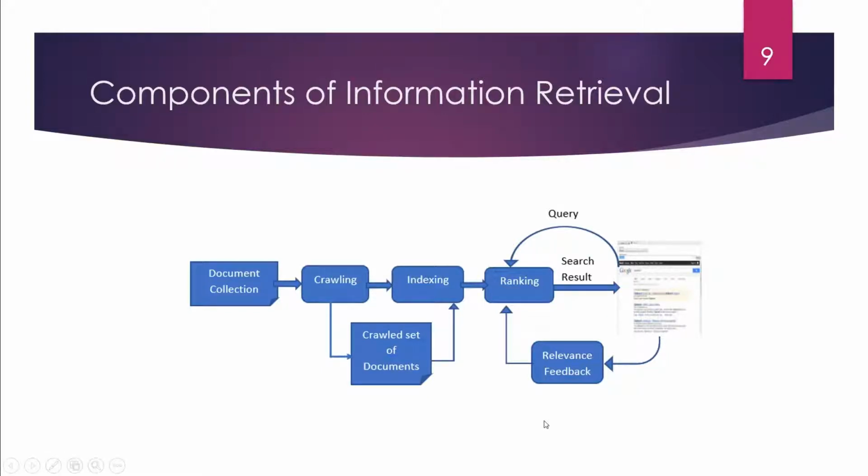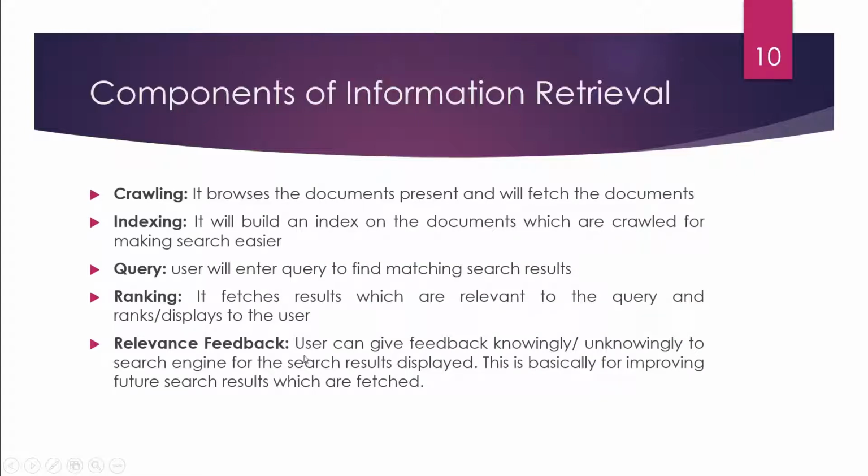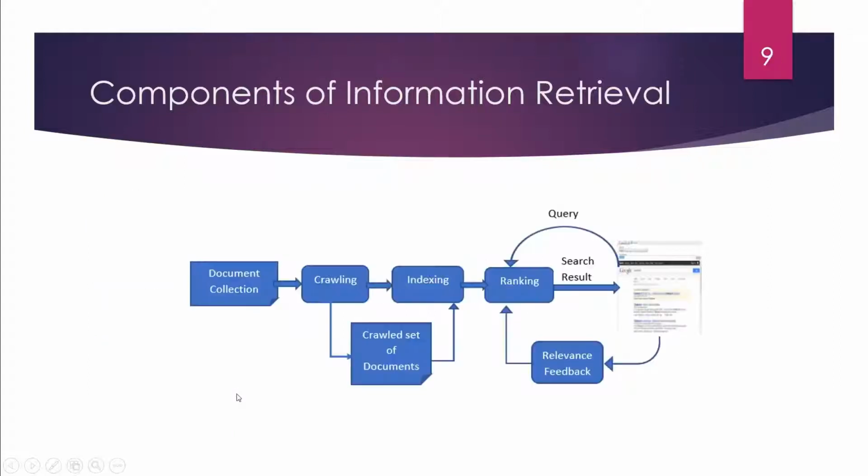There is also another concept called relevance feedback, which helps in the process of ranking. What is this relevance feedback? The user can give feedback knowingly or unknowingly to the search engine for the search results displayed. This is basically for improving future search results which are fetched. So basically, it is like training the search engine.